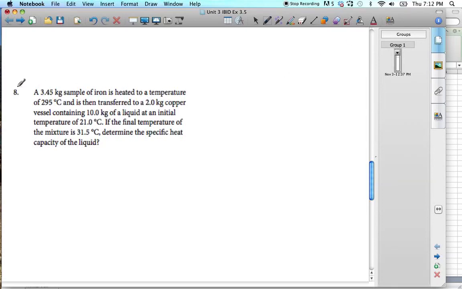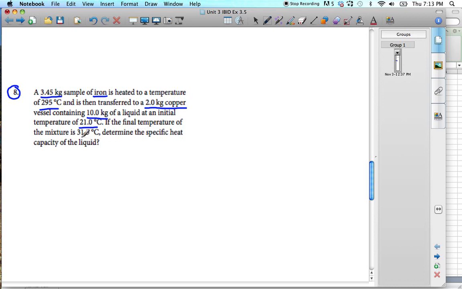Okay, so we're doing question 8 of exercise 3.5 from the textbook, and we just read through the question. A 3.45 kilogram sample of iron is heated to a temperature of 295 degrees Celsius and then transferred to a 2 kilogram copper vessel containing 10 kilograms of a liquid at an initial temperature of 21 degrees Celsius.